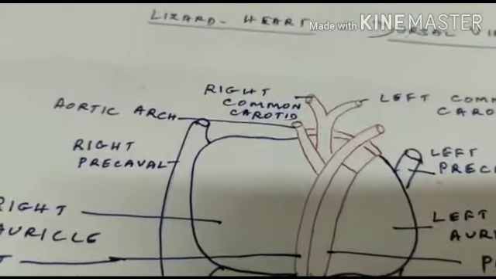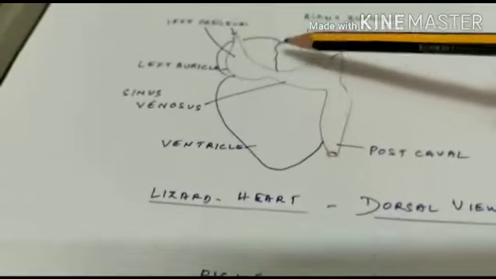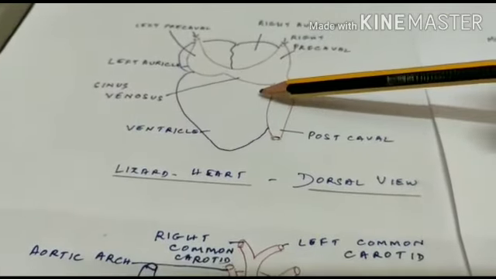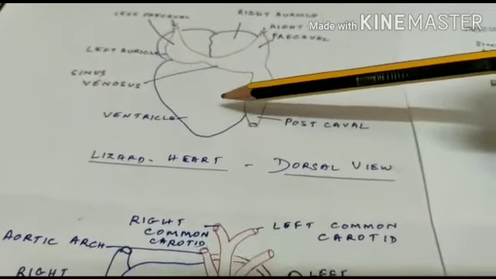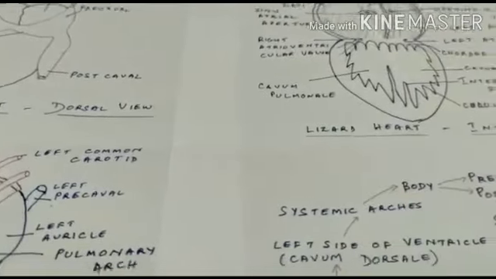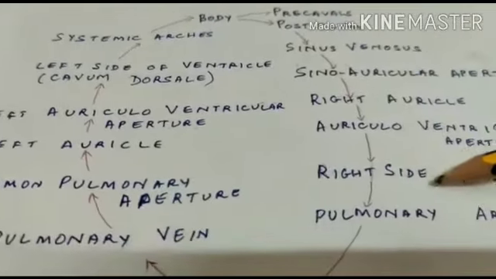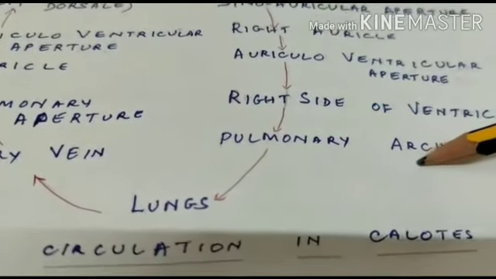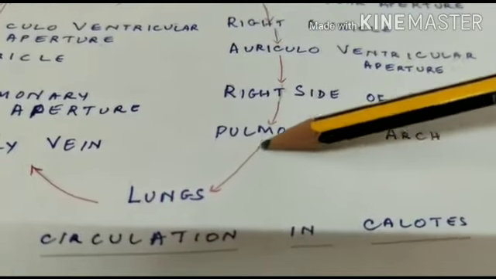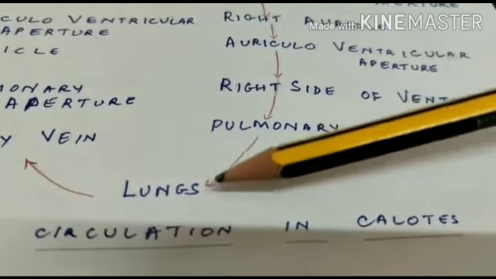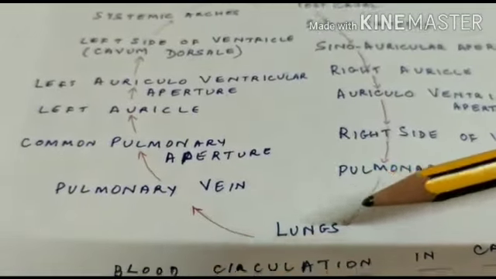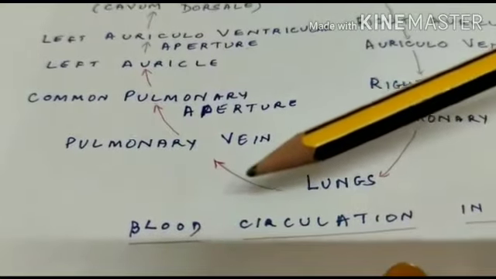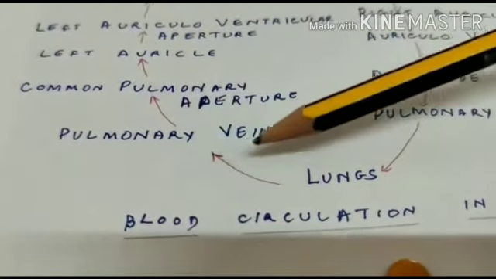From the right auricle, the blood comes into the right side of the ventricle. There is no internal division of the ventricle into right and left parts. Through the pulmonary arch, the blood, mind you, this is the impure or deoxygenated blood, is carried to the lungs, and from the lungs back to the heart through the pulmonary vein.